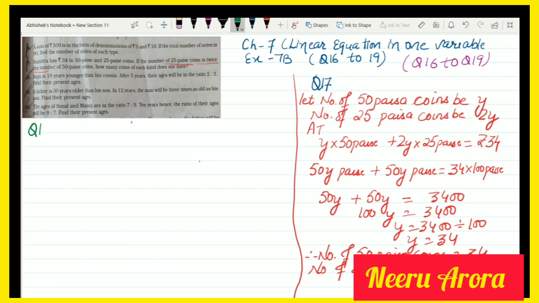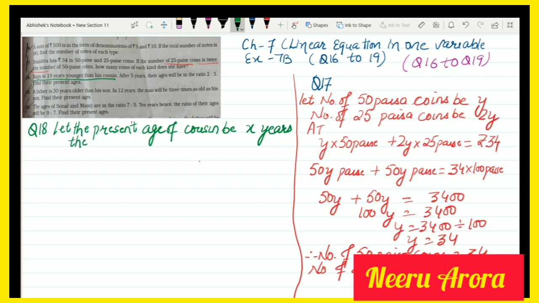Question number 18. First we read only the first line. Raju is 19 years younger than his cousin. So we want to find their present ages. Let the present age of the cousin be x years. So what will be Raju's age?